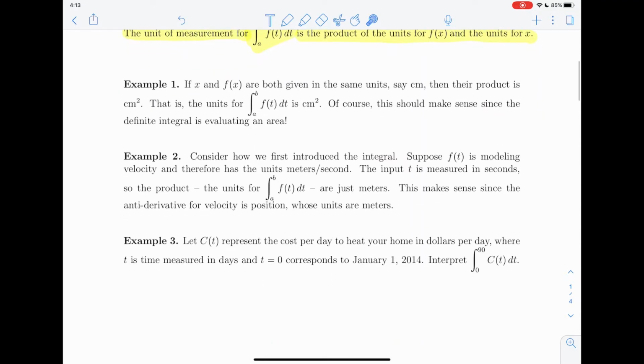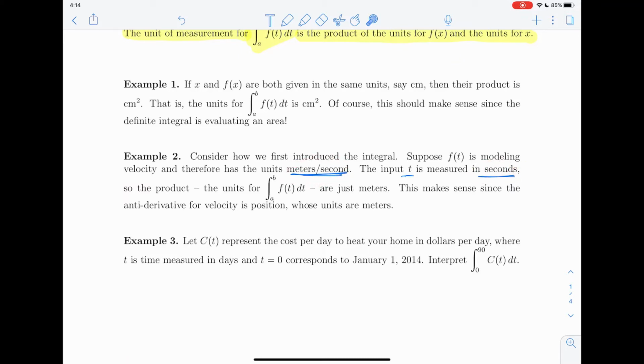For example, when we very first started our investigation in chapter 5 with the integral, we started with this idea that f was modeling velocity. And the units of velocity, this rate of change of position, is of course given as meters per second. The input t is of course given in seconds, so therefore the units for the integral of f of t dt, in the case that f here is velocity, turns out to be meters per second times seconds.